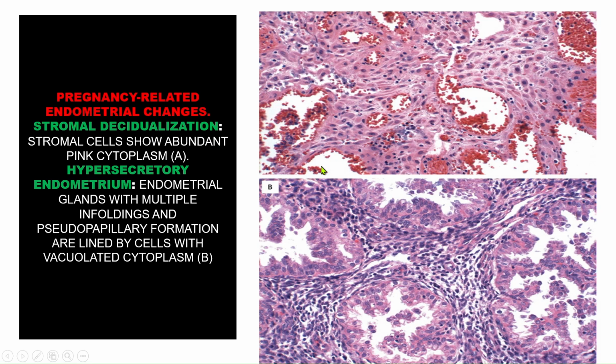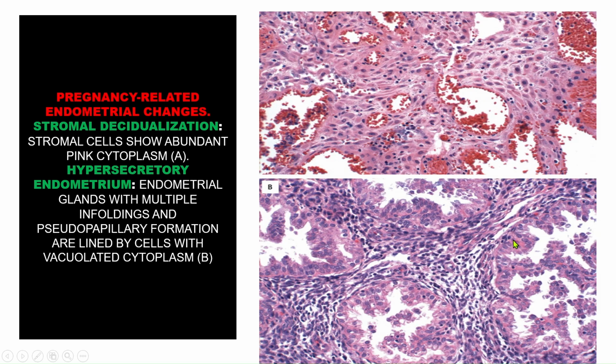So here in this section A and B, we can see stromal effect during the pregnancy, and this is the hypersecretory glandular epithelium. The stroma here shows abundant pink cytoplasm with clear outline. This is called decidualization of stroma, with dilated and congested vessels.